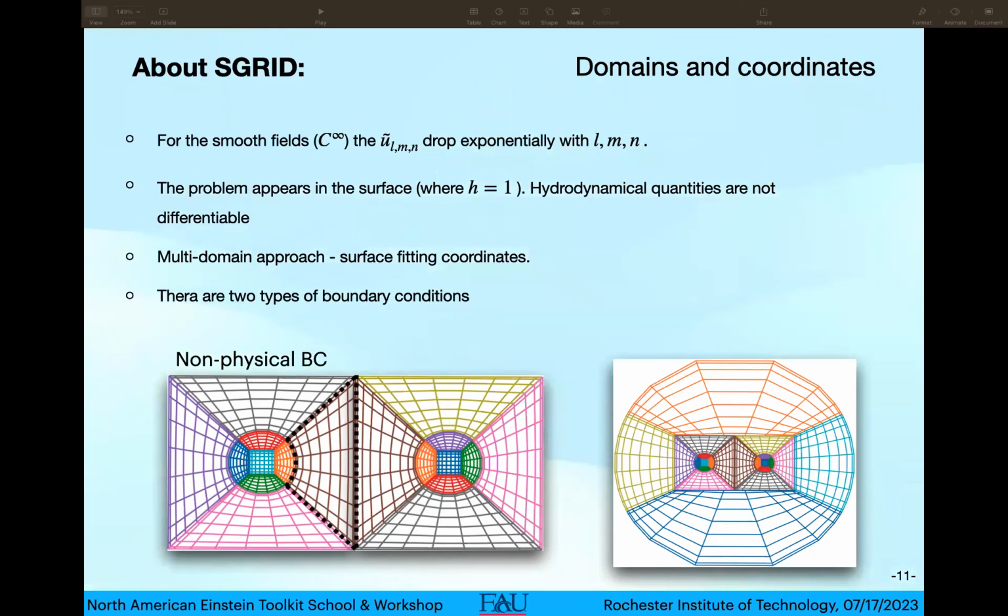There's no problem over here. So we can apply this pseudo-spectral method to different domains separately, and still keep the very high efficiency of the code. So another issue is related to the physical boundary conditions, and I'm not going to talk about it. I just want to underline that there are two different kinds of problems. So it is possible to keep the high efficiency of this code by using this kind of coordinates.